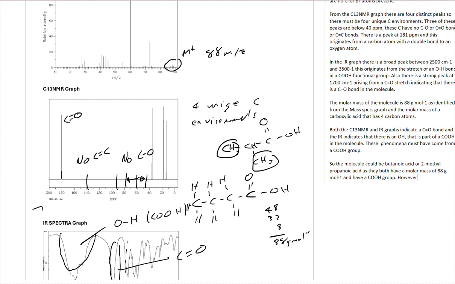However, 2-methylpropanoic acid only has 3 unique carbon environments, whereas butanoic acid has 4.